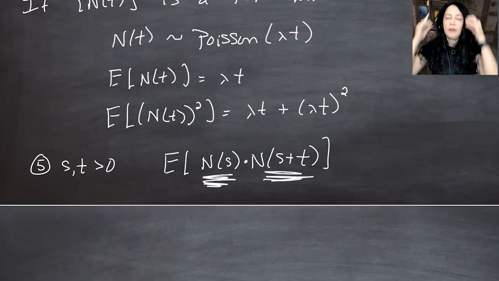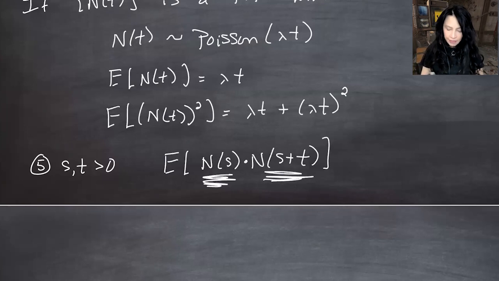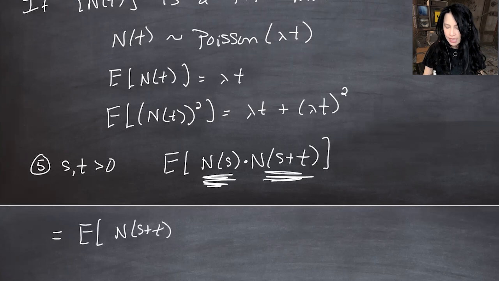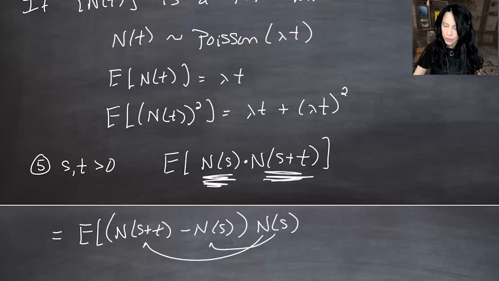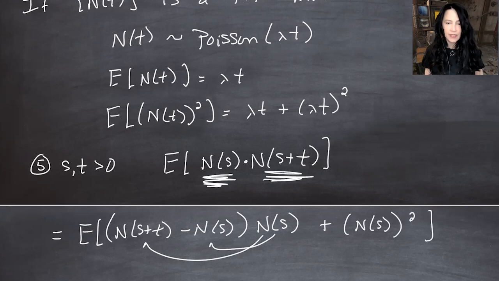So very, very dependent. But if you want to take advantage of independent increments, you could write this as the expected value of N(s+t) minus N(s), and you can multiply that by N(s), and you'll see that the first term is what you want. And the second term, this minus N(s) squared, is now in there, and you don't want that. So you can say plus N(s) squared to get rid of it.